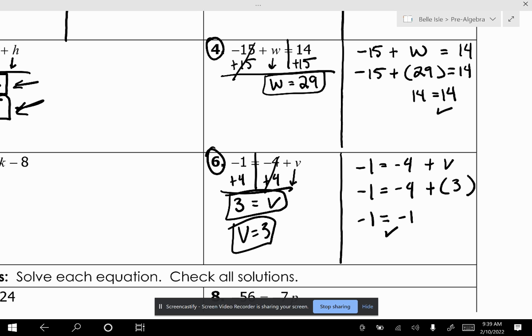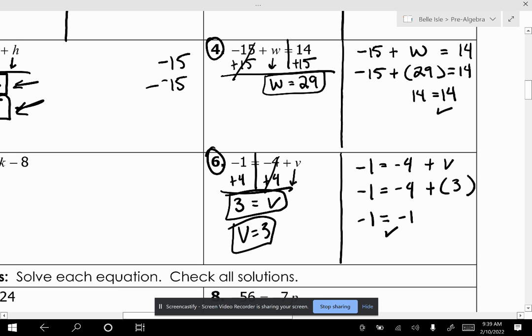So don't pigeonhole yourself into that's addition, I need to do subtraction. Because technically you could have done negative 15 minus negative 15. But I think that looks more confusing to me. But that is what we've been doing, because that is the opposite operation of the same number.